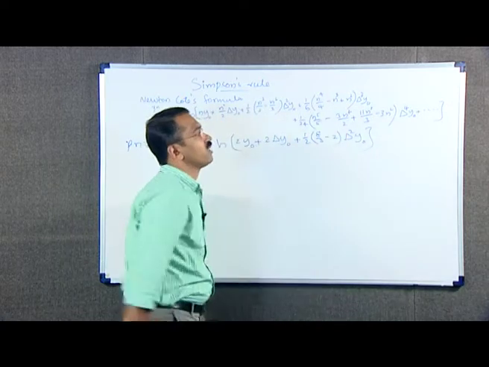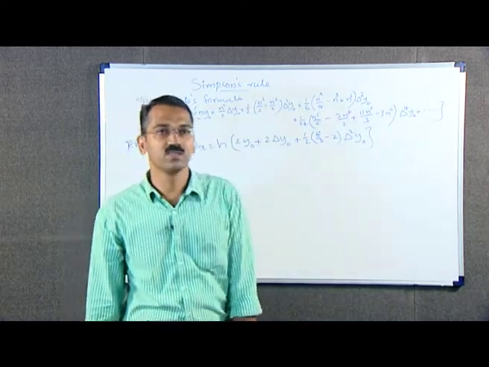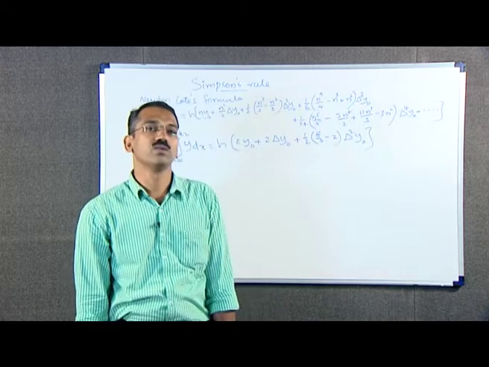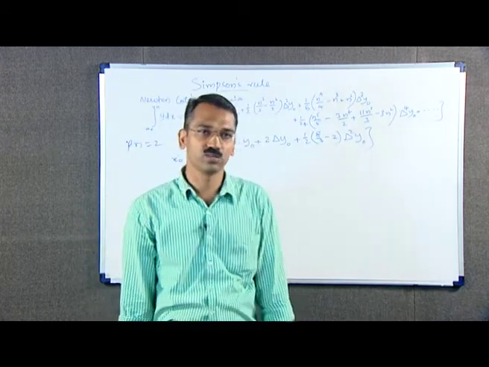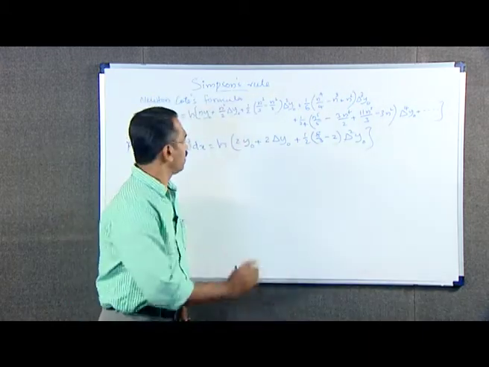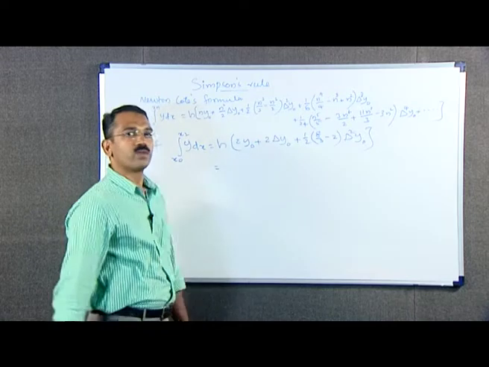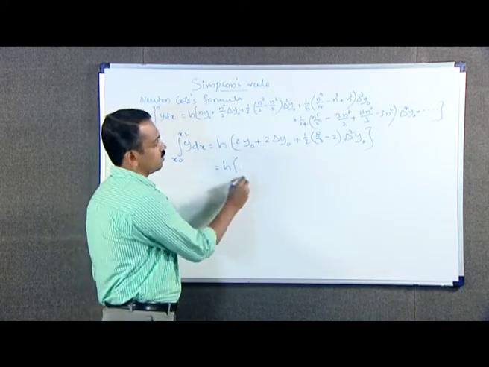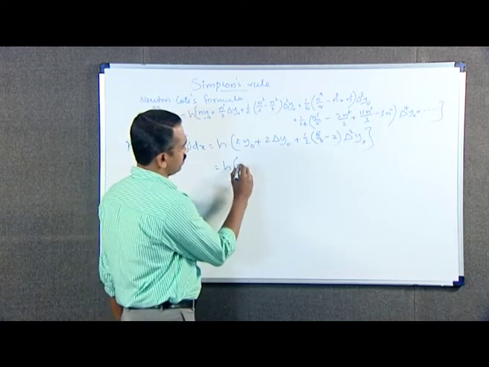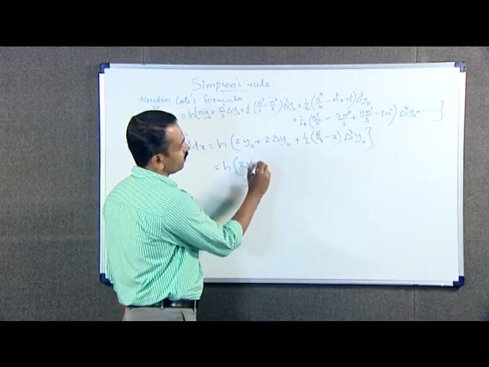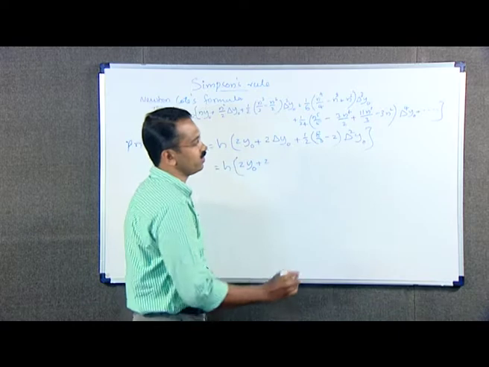The remaining terms do not exist because we are given only 3 paired values of x and y. This is equal to h into [2 y0 plus 2 times delta y0.